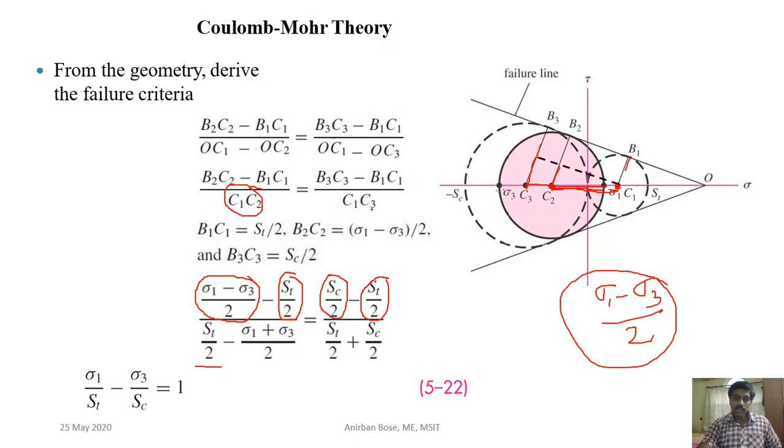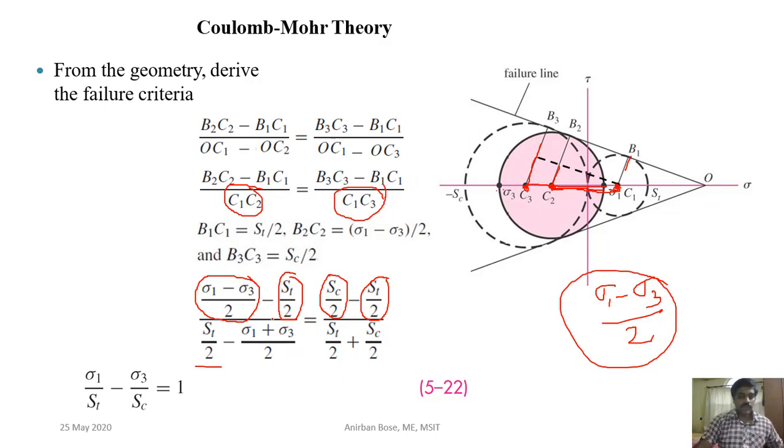And what is at the bottom? That is C1 C3. C1 is ST by 2, and C3 is minus SC by 2. So ST by 2 minus of minus SC by 2.